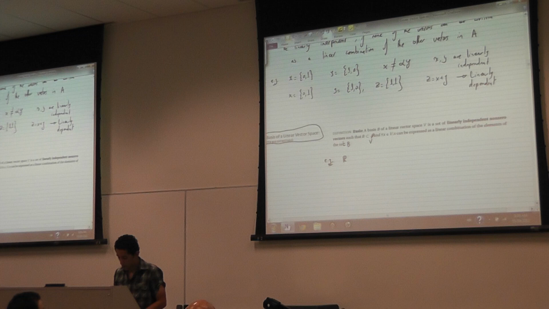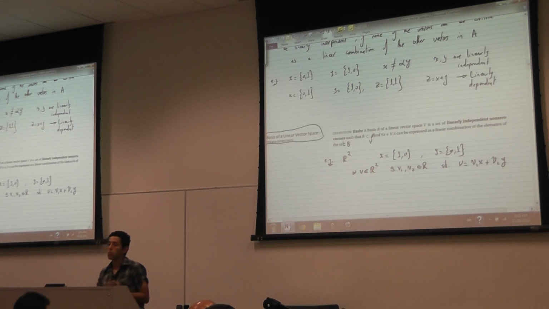Example, R2. If you consider the set x = (1, 0) and y = (0, 1), for any vector v in R2, there are two real numbers such that v is equal to v1 x plus v2 y.